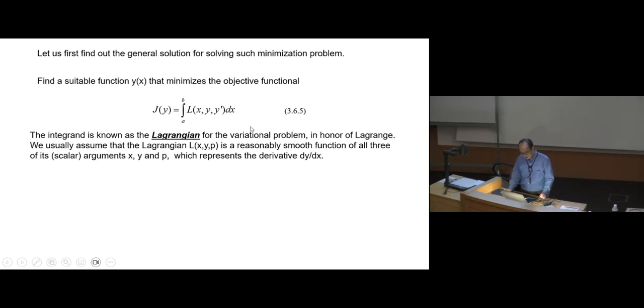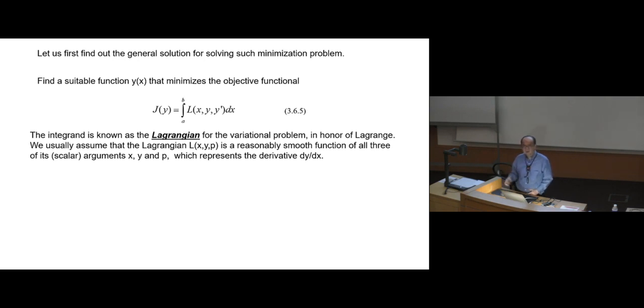We usually assume that the Lagrangian L is a reasonably smooth function of all 3 arguments: x, y, and p. We use p to represent the derivative of y, just to simplify the notation and the derivation.